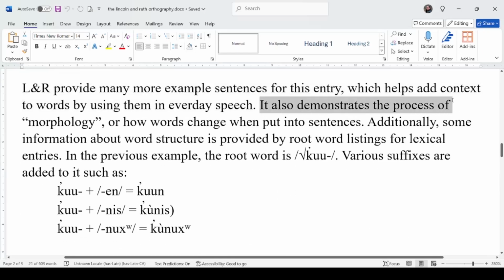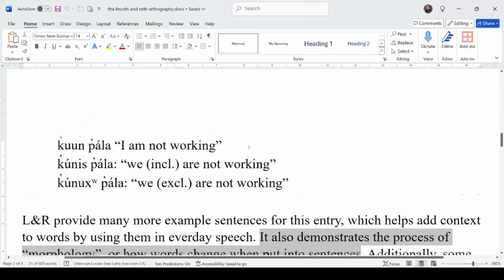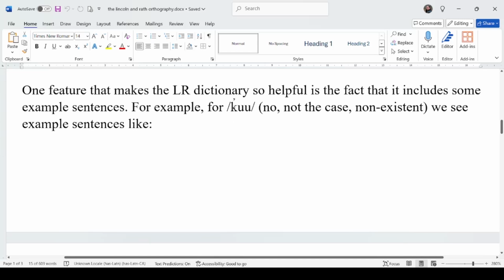It also demonstrates the process of morphology, or how words change when put into sentences. So you can take this word Q by itself, because this is something that people need to understand about the Isla language, is that single words are basically descriptions.